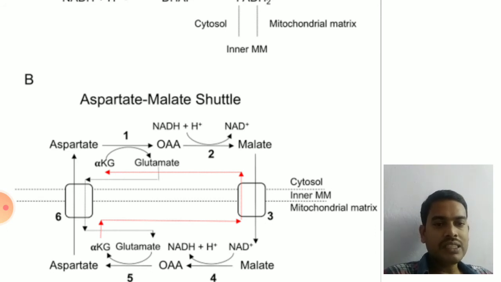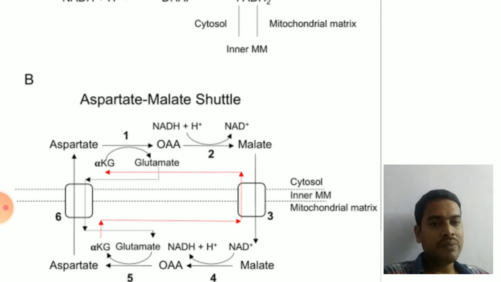So malate will come inside, and again malate will be converted into oxaloacetate. Now the NAD present in the mitochondrial matrix will take these hydrogen ions or electrons from the malate, converting NAD into NADH2. After that, oxaloacetate will be converted into aspartate, and aspartate will come out and the cycle will repeat. Here only malate and aspartate are permeable to mitochondrial membranes.